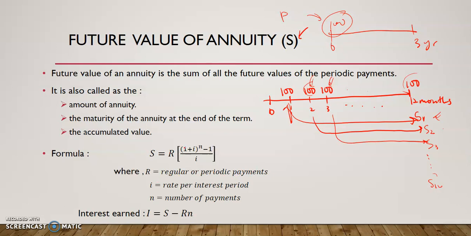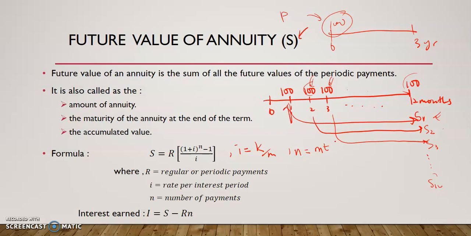And this i is the rate per interest period. To calculate i, we use this formula k over m, same as compound interest. And we also have n, the number of payments. So n equals mt. As usual, t is the term of investment, which must be in years. m is the frequency of conversion.